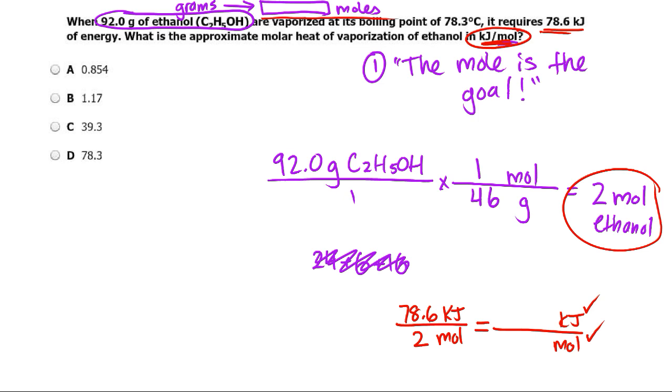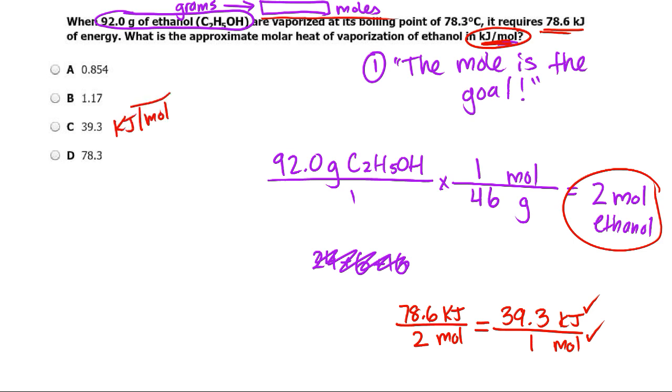From the problem, I know that I'm going to need 1 mole on the bottom because I want to know, well, how much energy does it take to vaporize just 1 mole of ethanol? 1 mole of ethanol will require half of 78.6, which is 39.3. And the units would be kilojoules per mole.